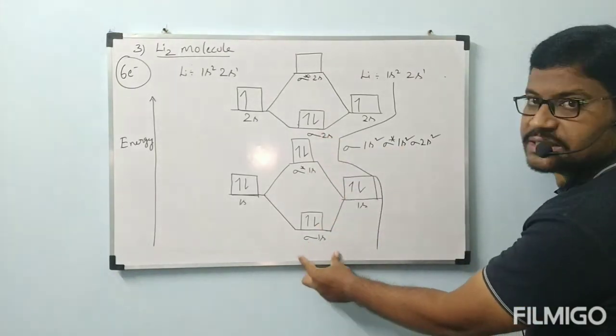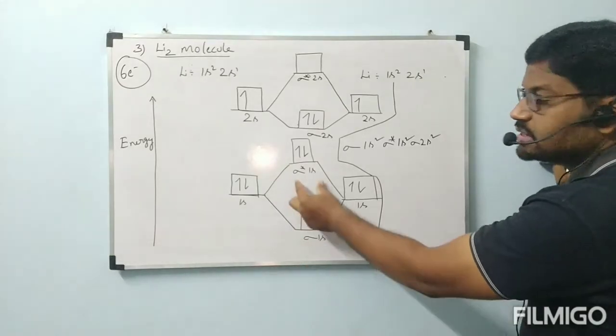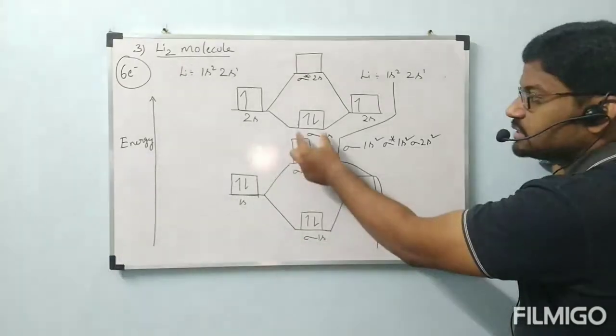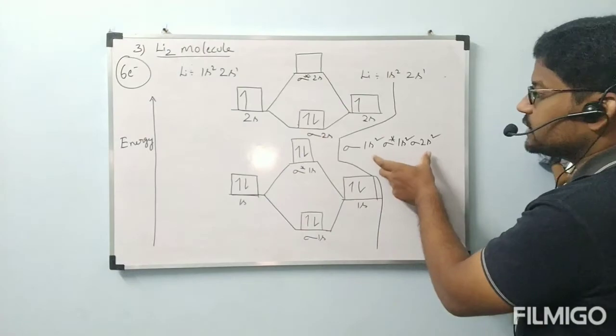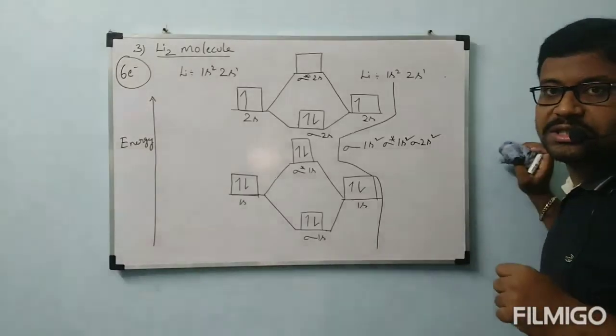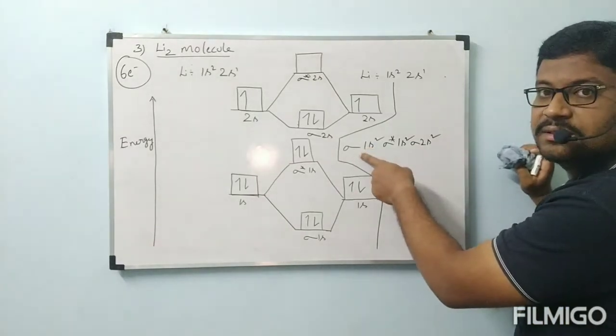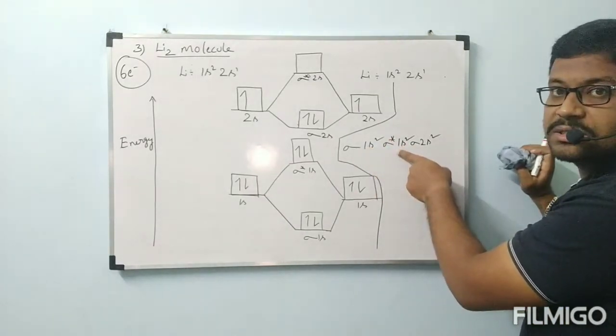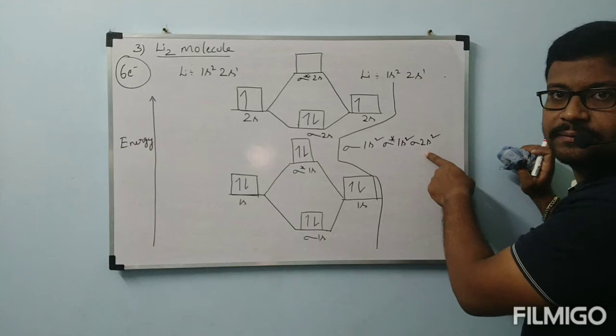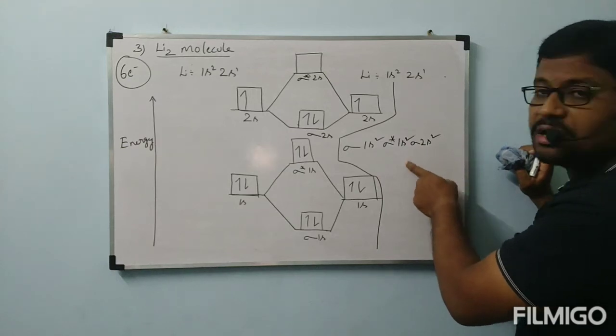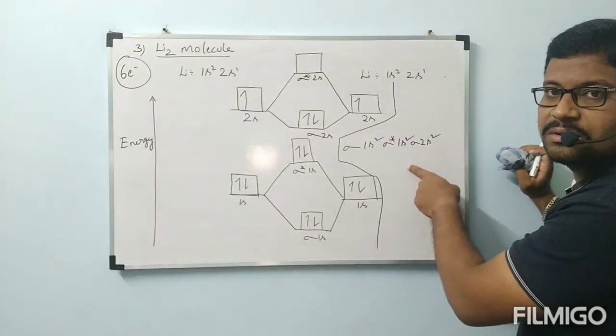Sigma 1s has the least energy, next sigma star 1s, next sigma 2s. If you want, check that in a system of less than 14 electrons. This is the energy order. Low energy is filled first, then sigma star 1s, after that sigma 2s. This is the electronic configuration of the Li2 molecule.